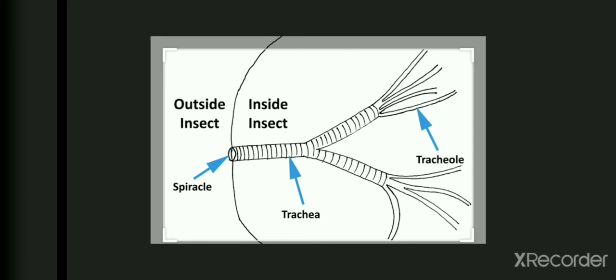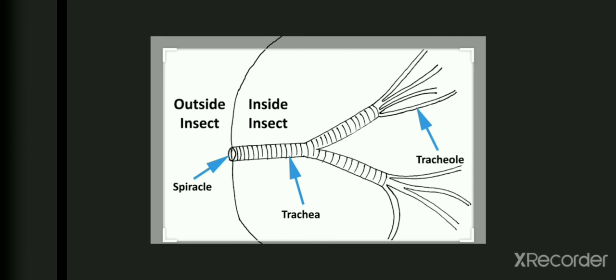Next type is trachea. Trachea is a characteristic of arthropods. These form a system of air tubes communicating with the outside through spiracle openings on the skin. The trachea are formed by invagination of cuticle, which branches everywhere among the tissue.